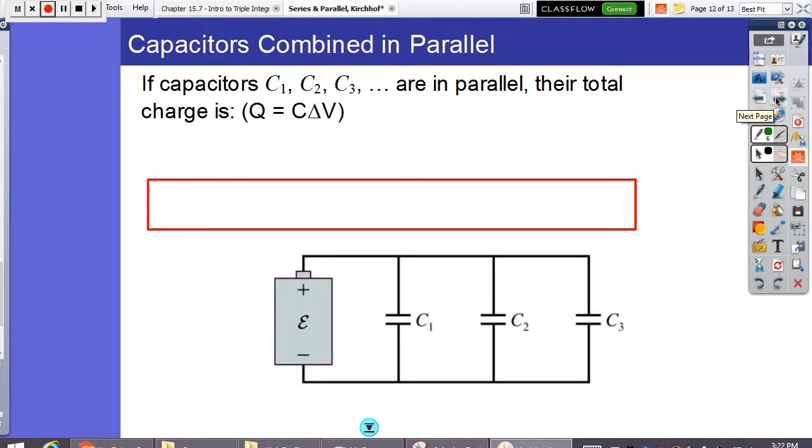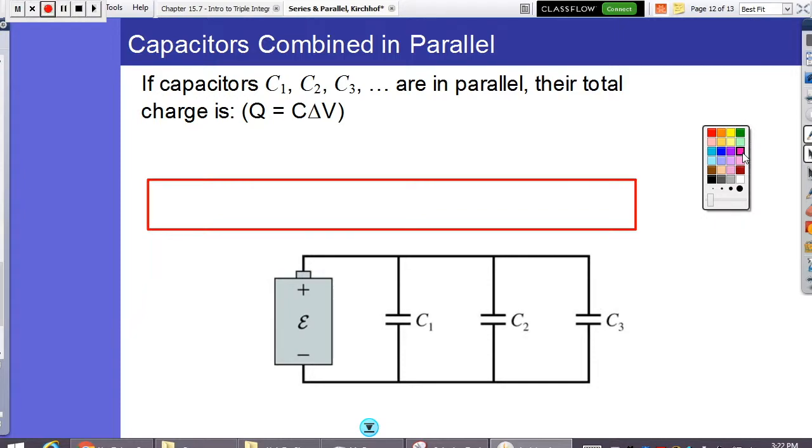I just want to come back really briefly and touch on this point that for capacitors, if I have them in parallel, we kind of claimed that their total charge was given by Q equals CV. And this is, again, similar to the junction law. The charge has to add up.